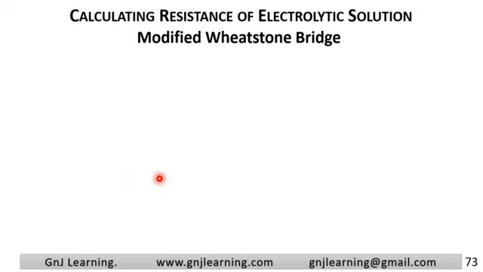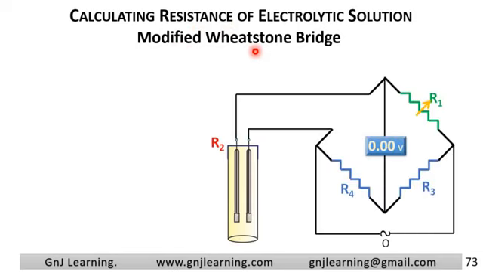First we will see how to calculate resistance using a modified Wheatstone bridge. Here I have the modified Wheatstone bridge. So you can see that instead of a metallic conductor, in the unknown resistance part, that is R2, I have a conductivity cell. Why do I need a conductivity cell?